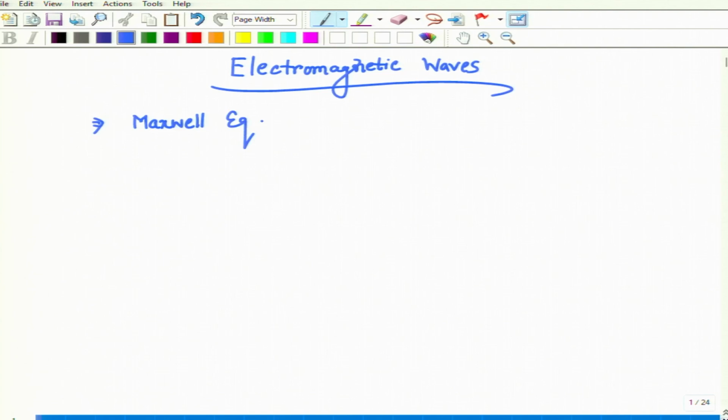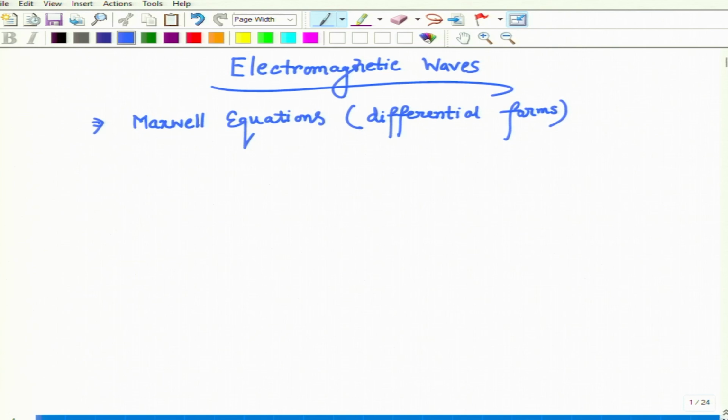Maxwell equations in differential form. Okay, and from those four Maxwell's equations we derived the condition for electromagnetic waves, and we obtained that the electric field and magnetic field are both perpendicular to each other, and the electric field is perpendicular to the direction of propagation of the wave, and the magnetic field is also perpendicular to the wave vector k, which essentially gives the nature of our electromagnetic waves and gives us an idea how they propagate.